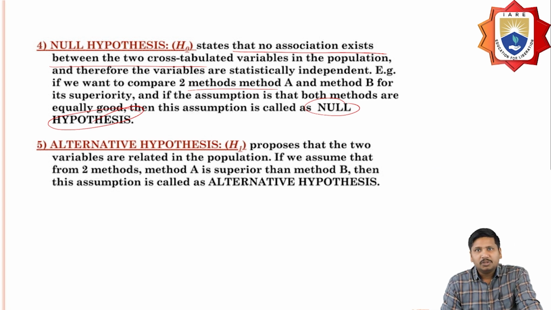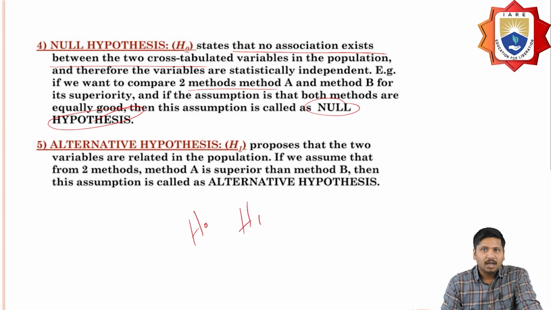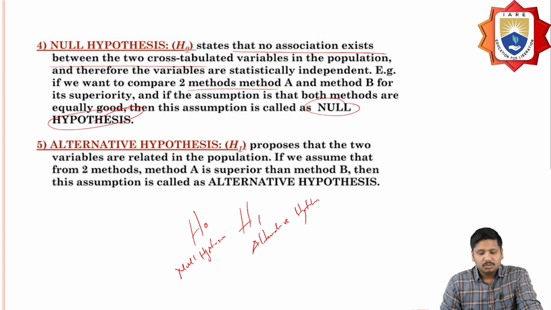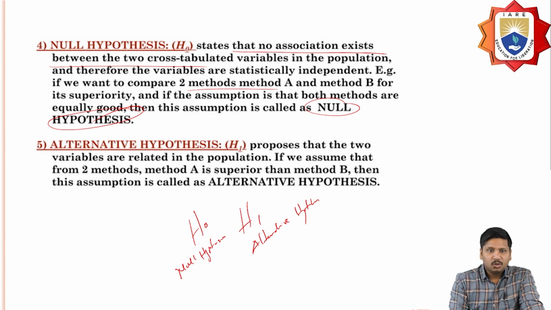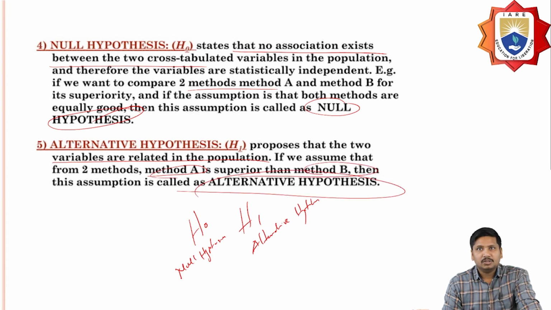What is the alternative hypothesis? The null hypothesis is represented as H naught, and the alternative hypothesis is represented as H1. The alternative hypothesis proposes that two variables are related in the population.